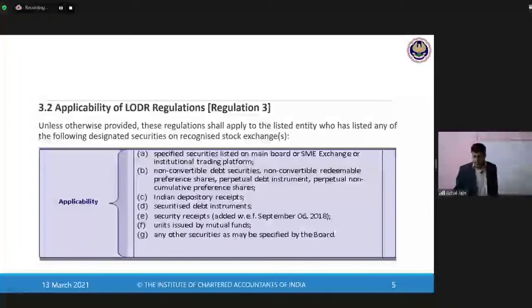Non-convertible debt instruments, non-convertible redeemable preference shares, perpetual debt instruments, Indian depository receipts, securitized debt instruments, security receipts, units issued by mutual funds, any other securities which may be specified by the board. So if any of these instruments are listed, then the LODR regulations will become applicable to that company. Okay.